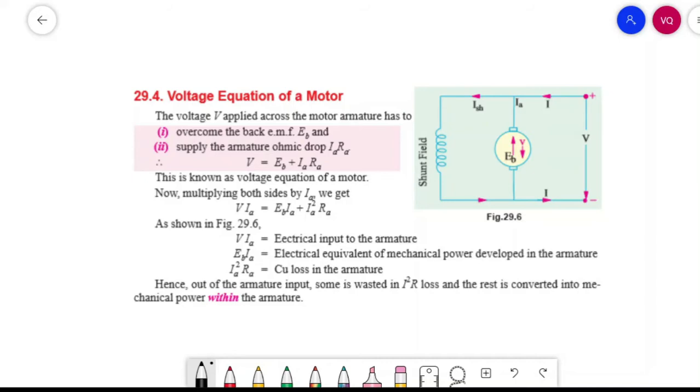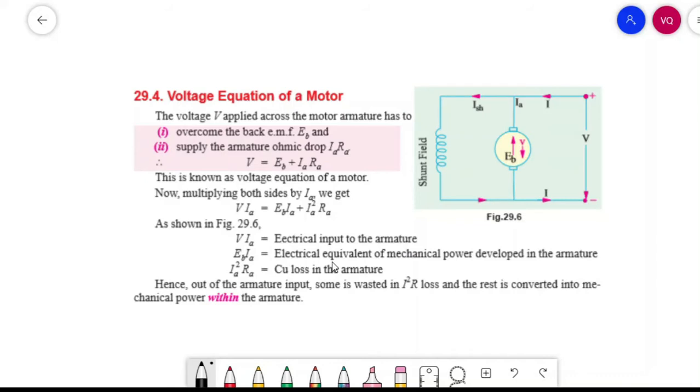We now multiply both sides by current Ia. So we get VIa is equal to EbIa plus Ia squared multiplied by armature resistance. Our terminal voltage multiplied by the armature current is the electrical input to the armature.